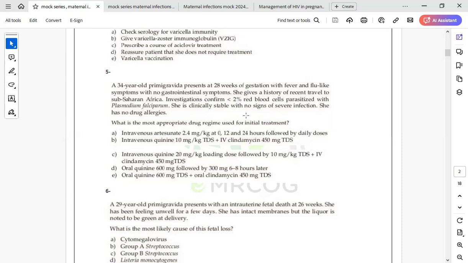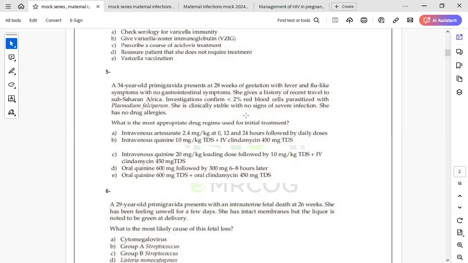I'm really happy because you are not going to forget it ever. Any case of malaria should be admitted. You should not give her the medication and let her go home. Even mild, yes. Why so?